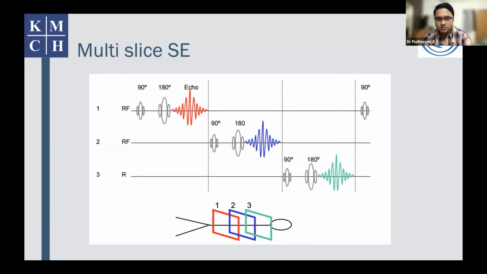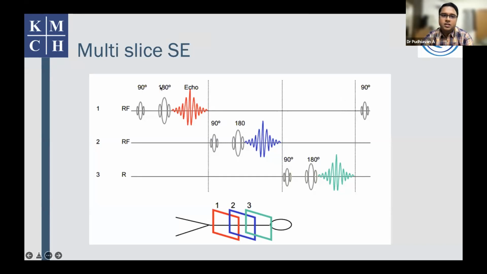One such thing is the multi-slice sequence, where once we give a 90-degree pulse, a 180-degree pulse, and an echo is obtained. Suppose we are looking at a T2 weighted image. The TR time has to be around 2000 or 3000 milliseconds.